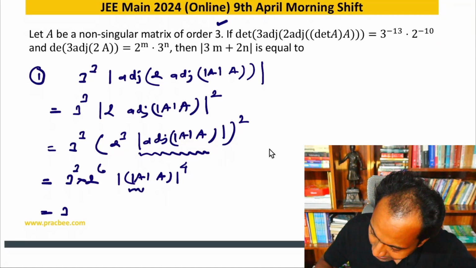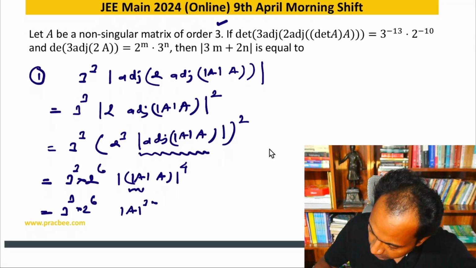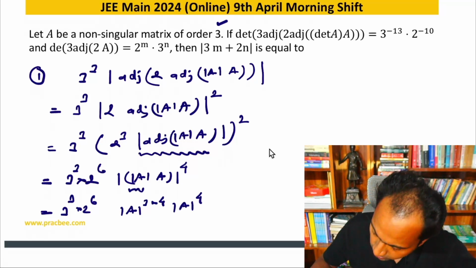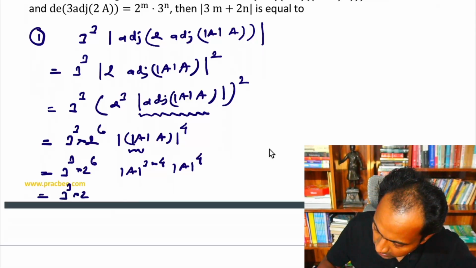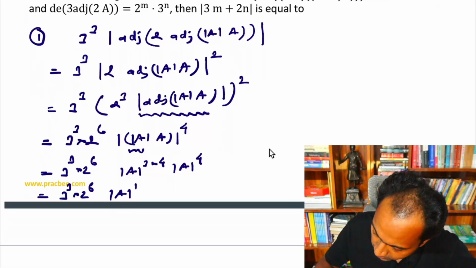Now we will remove this constant out. This will act like a k, and this will become determinant of A raised to the power 3, and we have 4 already there, and what you are ultimately left with is determinant of A raised to the power 4. So if I simplify, this is 3 raised to the power 3 into 2 raised to the power 6, and ultimately on the determinant's power we have 16.